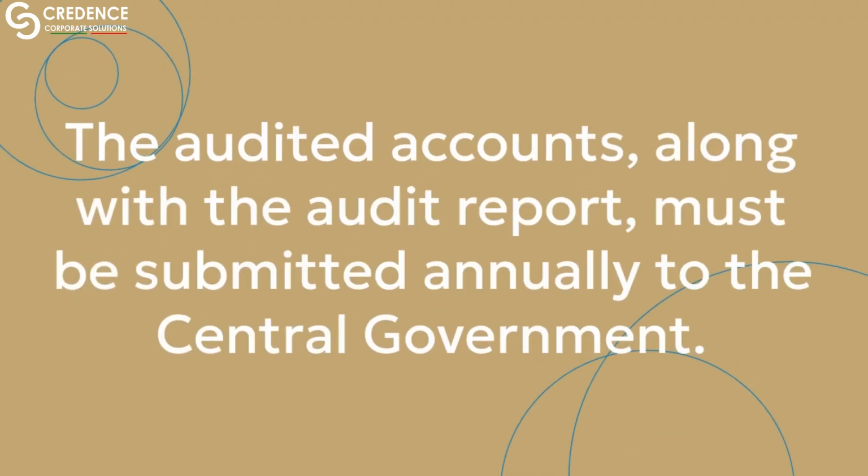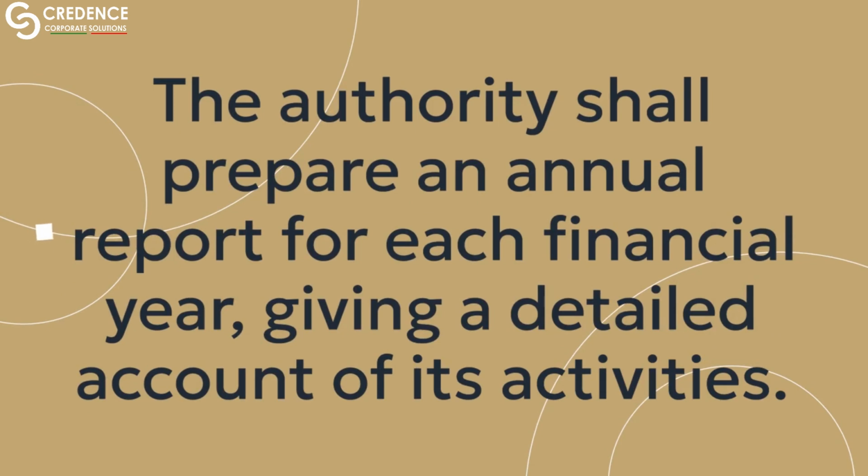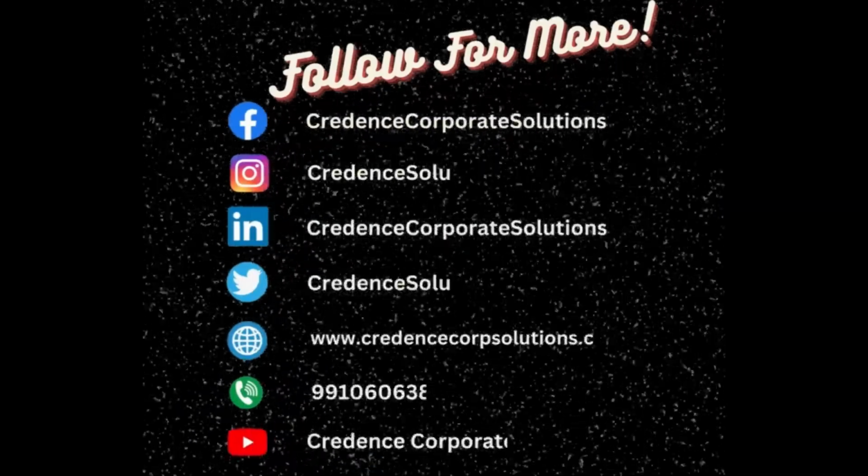The audited accounts, along with the audit report, must be submitted annually to the central government. 11. Annual report. The authority shall prepare an annual report for each financial year, giving a detailed account of its activities. This report, along with the CAG audit report, shall be presented by the central government before both Houses of Parliament. For more details, contact us.